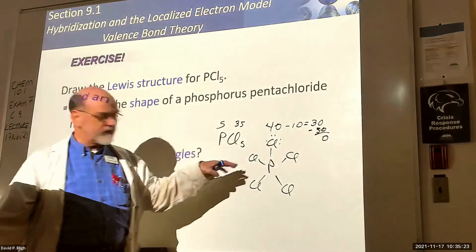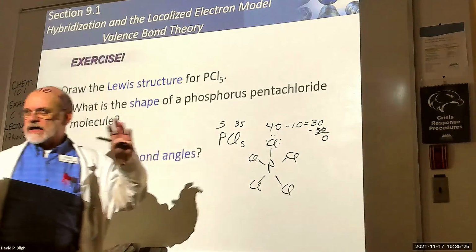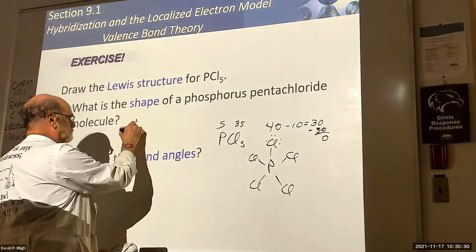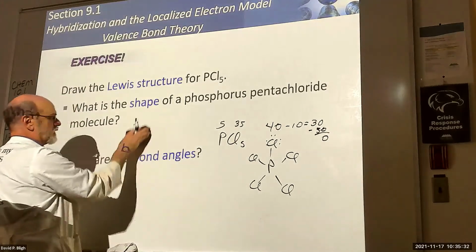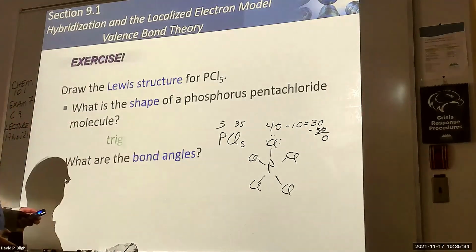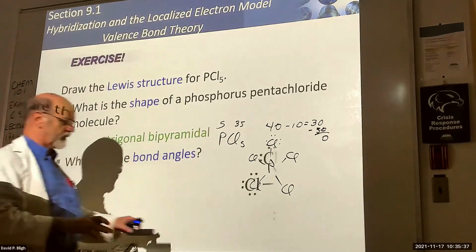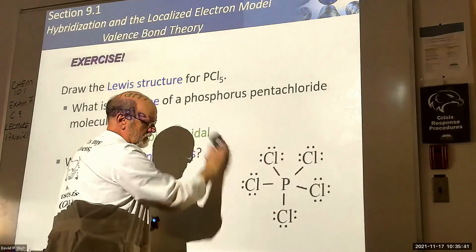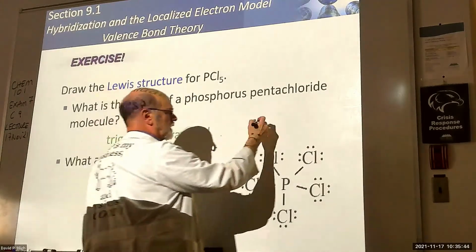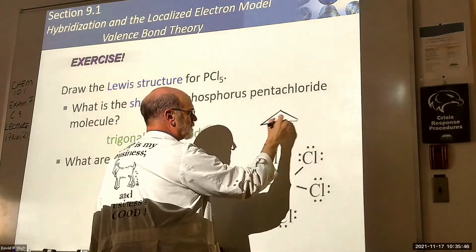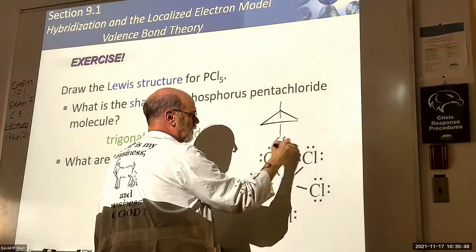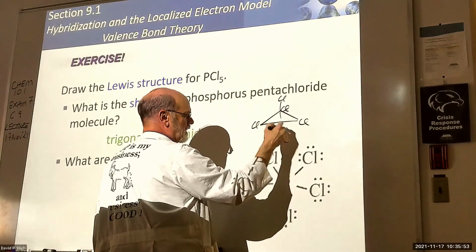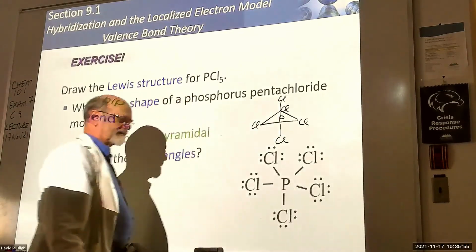So we've got 5 groups around the central atom. That means we have a trigonal bipyramid. Right, so there's what it looks like. Actually, that's not a good drawing. I'm going to have a triangle here. I have chlorine there, chlorine there, chlorine in the back, chlorine here, chlorine there, and phosphorus right in the middle.